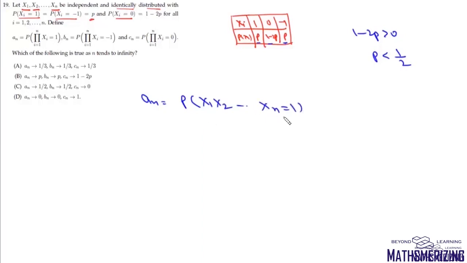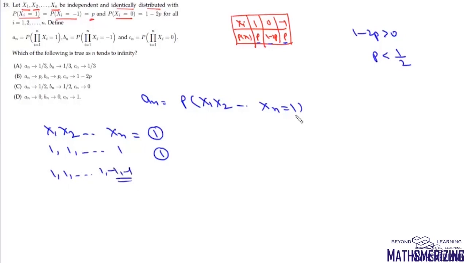Now first we need to find in how many ways we can choose X1, X2, ..., Xn such that the product is 1. One way of choosing it is when all the values are 1. So if all the values are 1, then we have only one case. Next one could be when n minus 2 values are 1 and 2 values are minus 1.